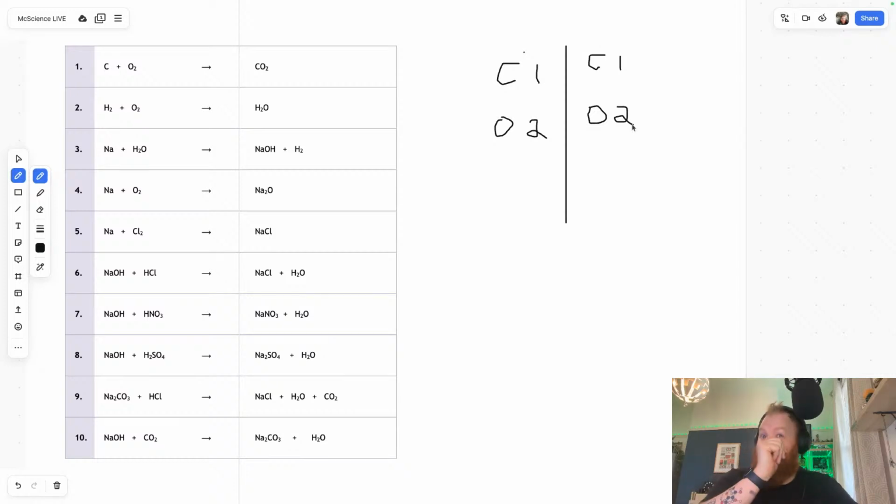Now, what this does for us is it helps us understand that sometimes we don't need to edit these things. And one of the first things I always say to any of my students is, do you have just one single atom of carbon in this whole scenario? Do you have just one single oxygen molecule?